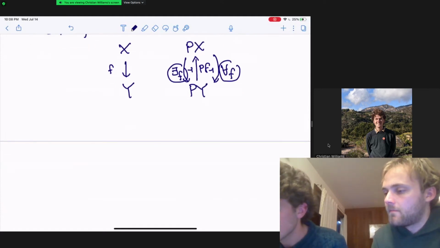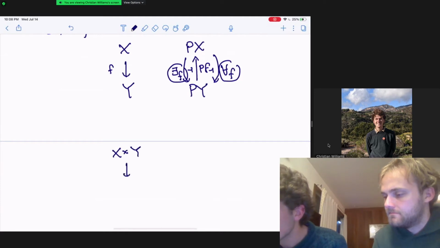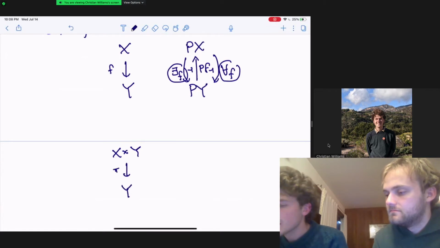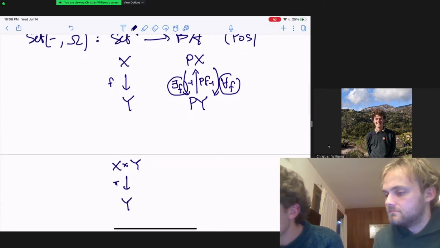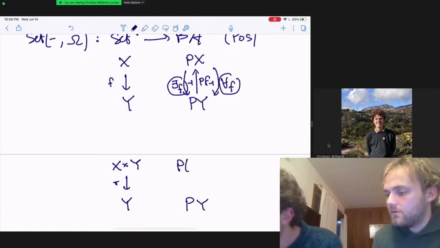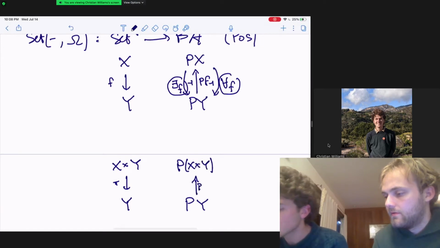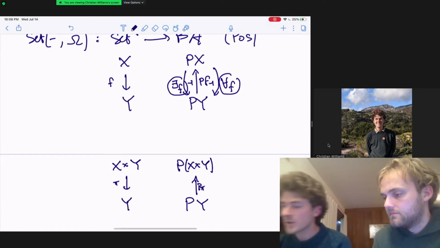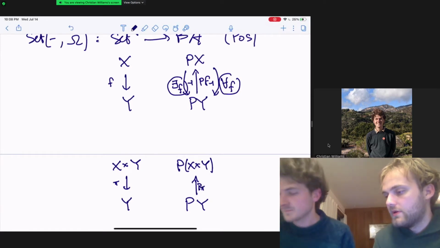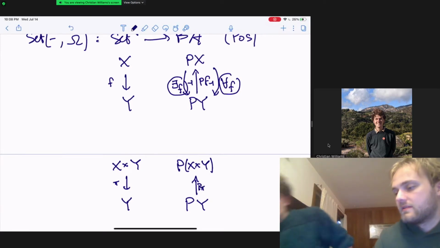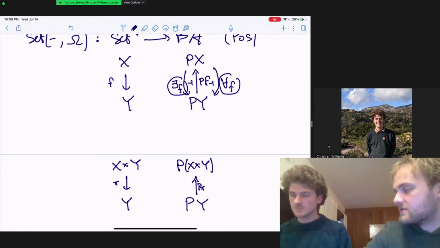So let's think about the case where our function is projection. Then tell me what preimage does. You take a predicate on y, and then you are turning it into a predicate on x times y. So it just sort of takes a subset here and crosses it with x.